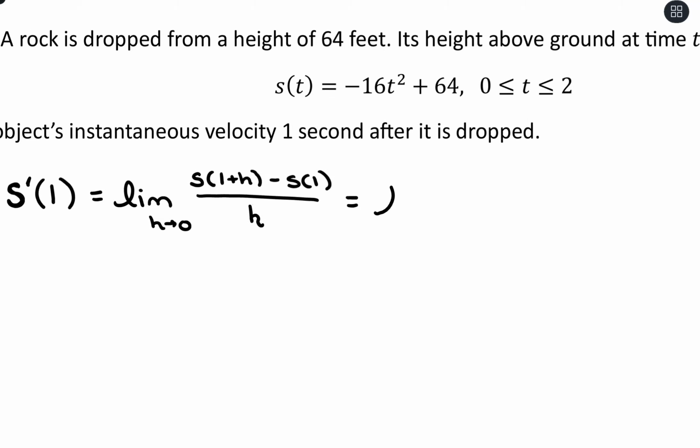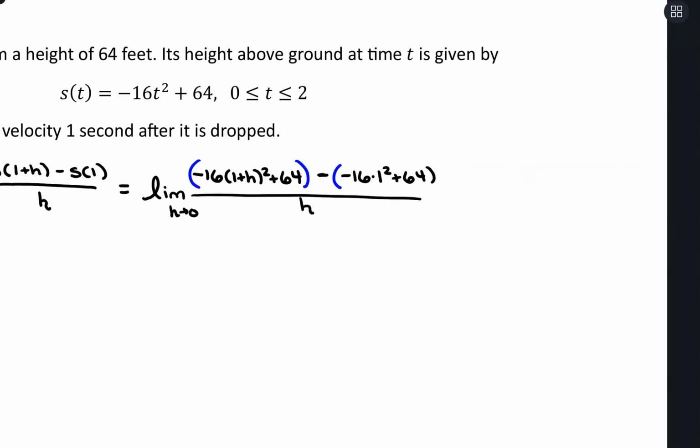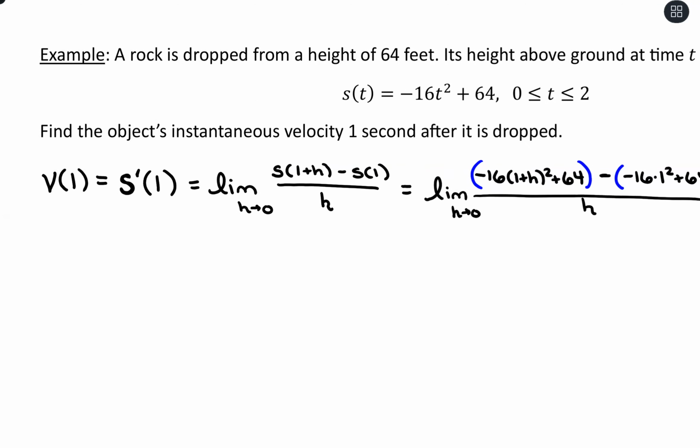Okay, so if I plug in 1 plus h, I'll have negative 16 times (1 plus h) squared plus 64. So that's one part of my numerator, and then minus s of 1, which I'm going to use parentheses again. So minus (16 times 1 squared plus 64) all over h. And then we just start simplifying.